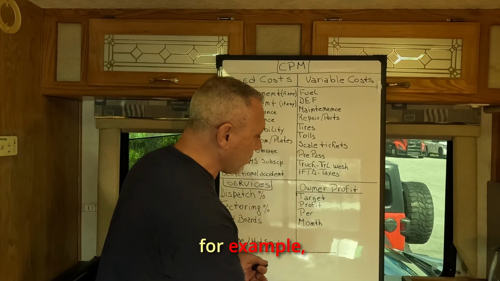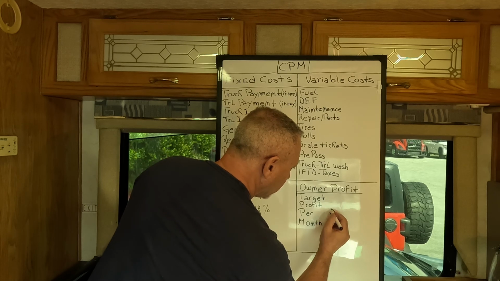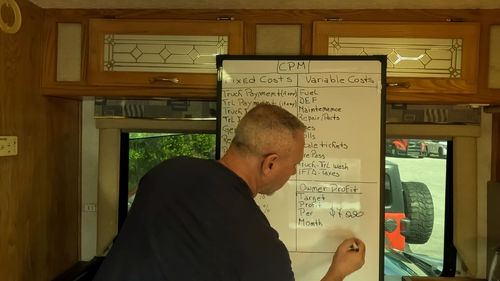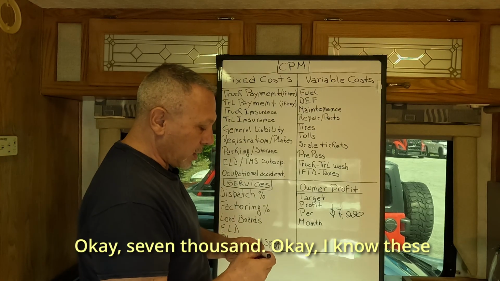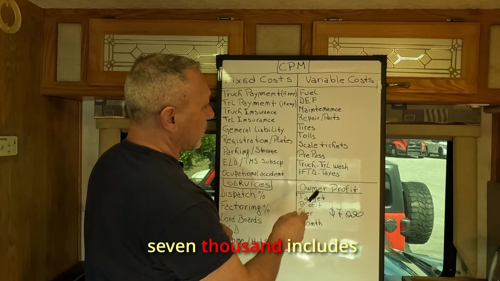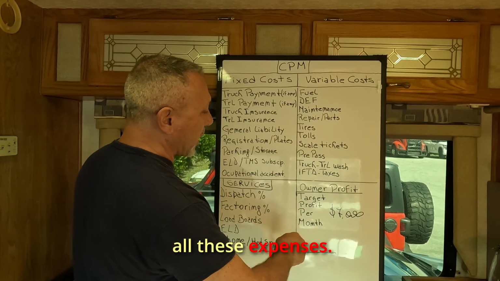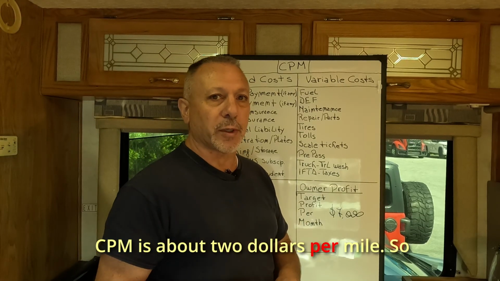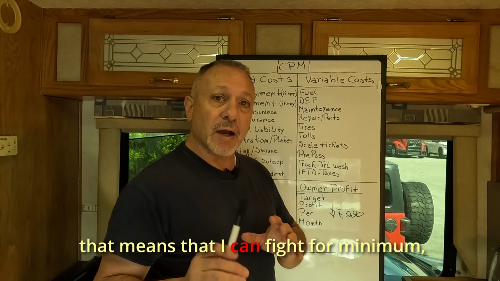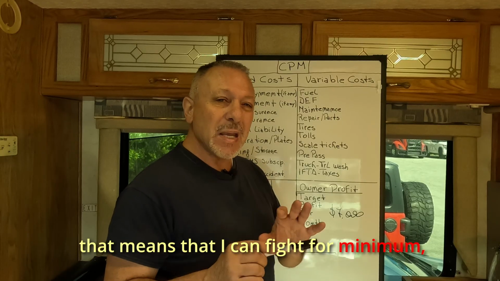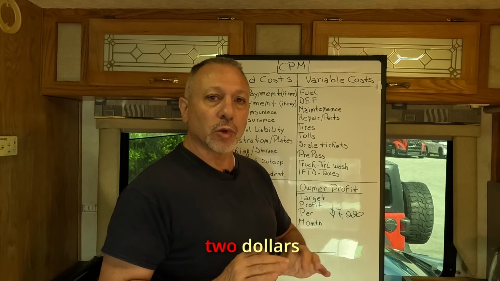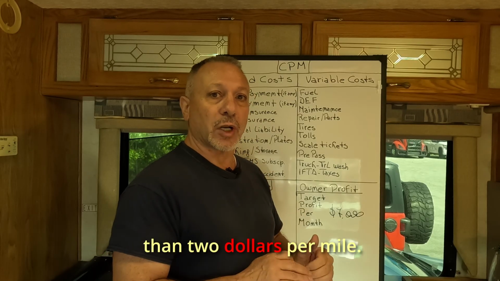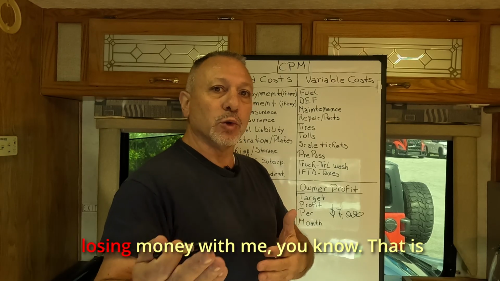If you say, for example, 7,000, okay, I know this 7,000 includes all these expenses. Your CPM is about $2 per mile. So that means that I can fight for minimum $2 per mile. I can't get any load less than $2 per mile, otherwise you're gonna be losing money with me.